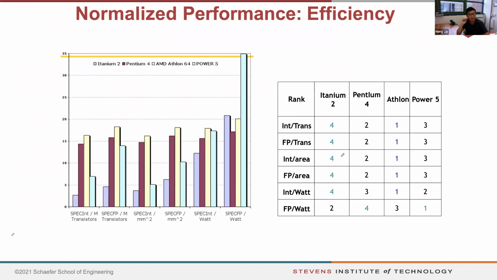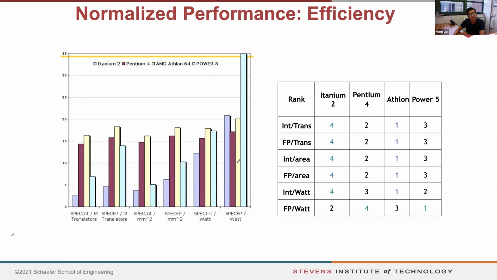And here about the efficiency, right? Normalized performance. As you can see, for different cases like transistors, high is better. SPEC INT and SPEC FP per transistor, AMD is better. And then space complexity, AMD is better.